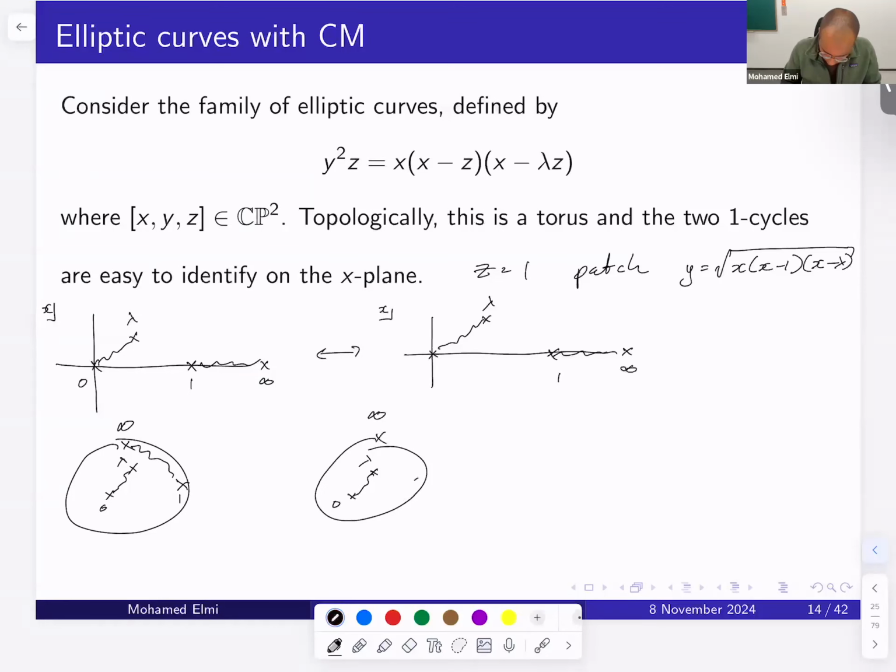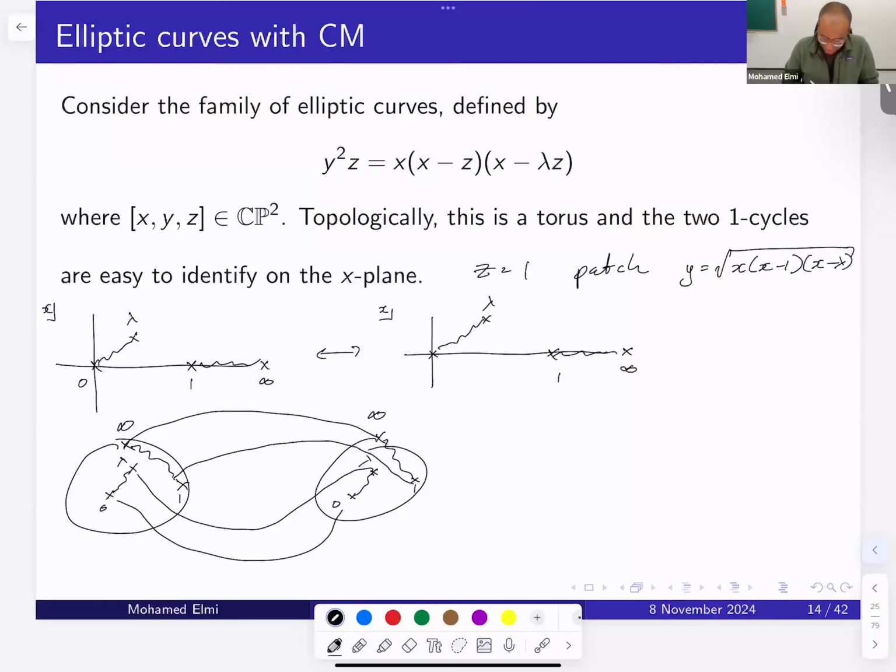And they should be glued along here and along here. It's an awful picture, but I hope you can see that this is topologically a torus.